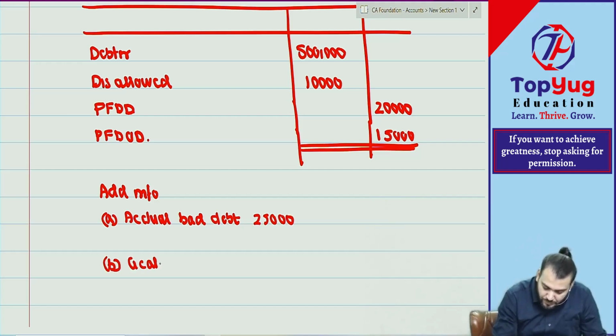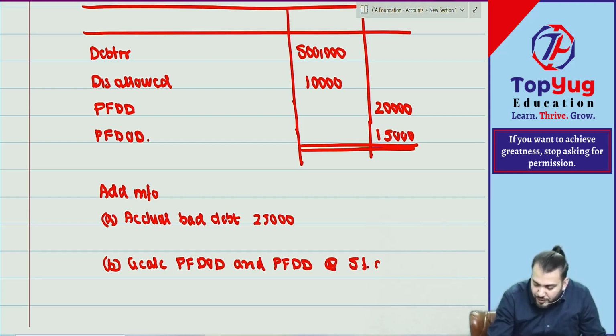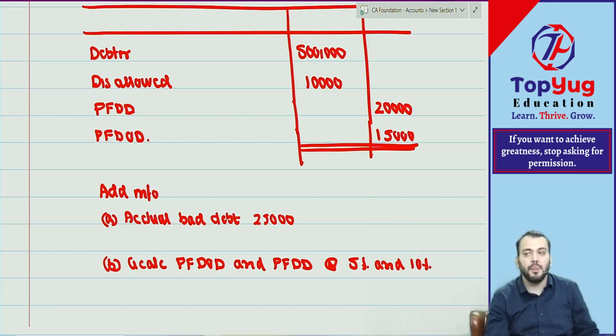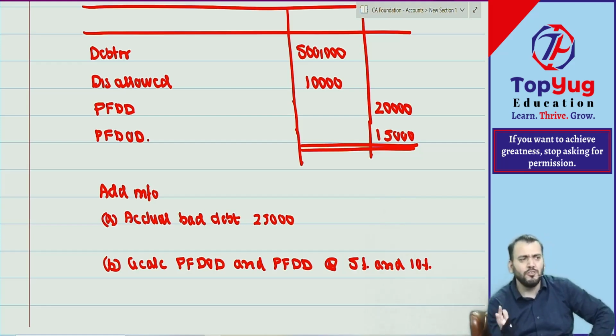Create provision for discount on debtor and provision for doubtful debt at the rate of 5% and 10% respectively. I want PL and balance sheet. How much amount will come in PL? What amount will come in balance sheet? For that, whatever working note you require, you do by row. Correct?